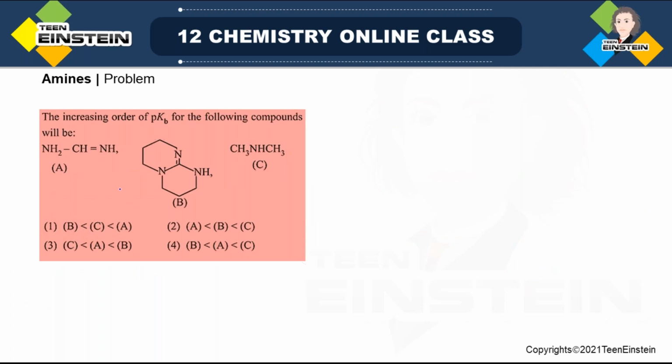The increasing order of pKb for the following compounds. Now increasing order of pKb means decreasing order of Kb, because remember, when basicity is high, it means pKb is low but Kb is high. So basicity and Kb are directly related, but basicity and pKb are inversely related.